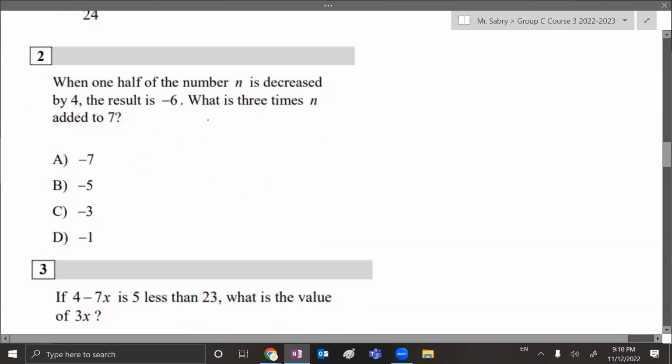Once we move to number 2, the translation occurs when 1/2 of the number n, so half n, is decreased by 4, the result is -6. What's 3 times n added to 7? So I'll find n first, and I'll move this -4 to the other side, so half n will be equal to -6 plus 4, which means that half n will be equal to -2.